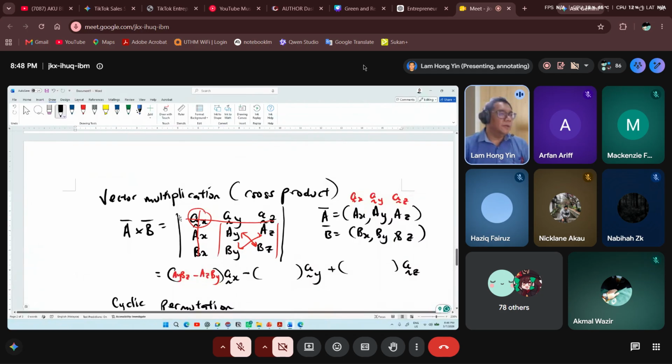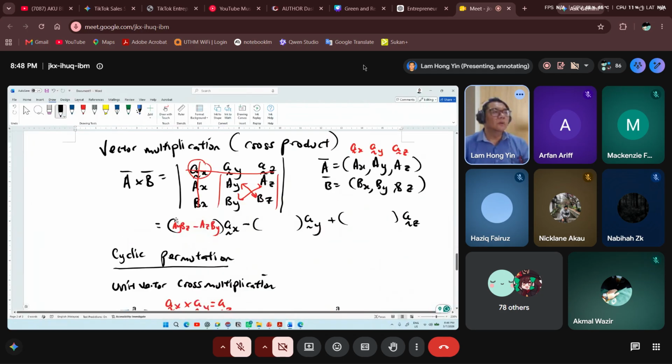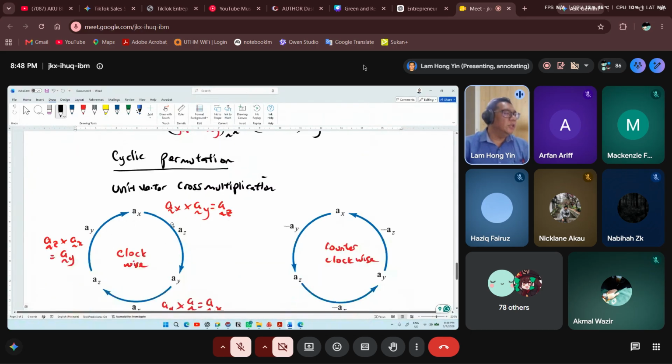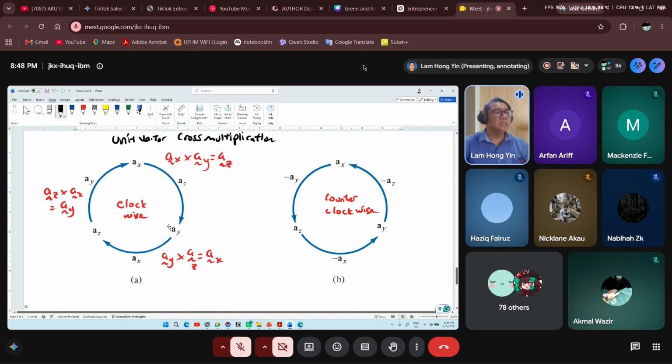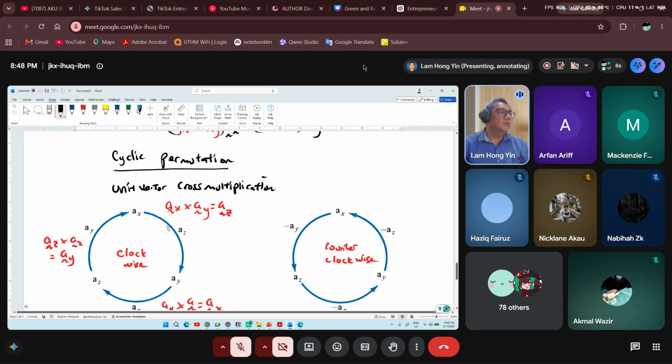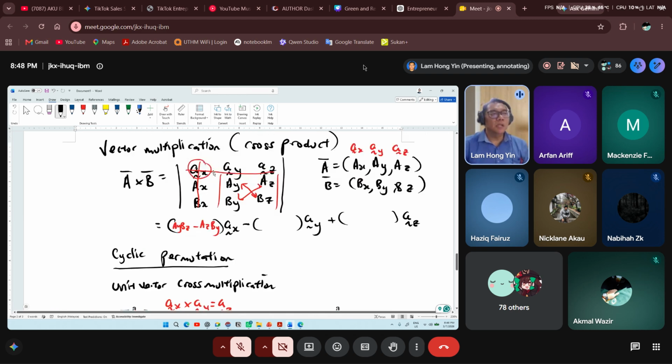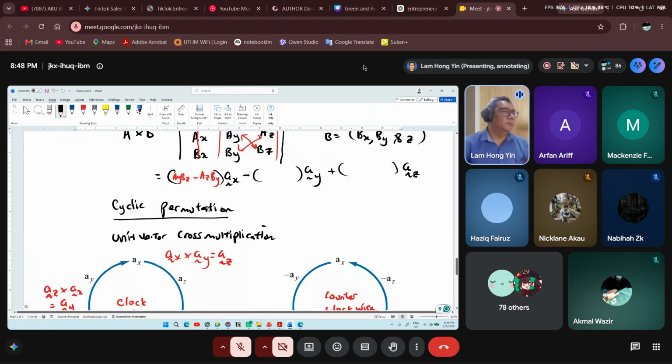But the thing is different when you come to the cross product, right? The unit vector can be identified by using these cyclic permutations, or you can use this one, the complete cross product multiplications.